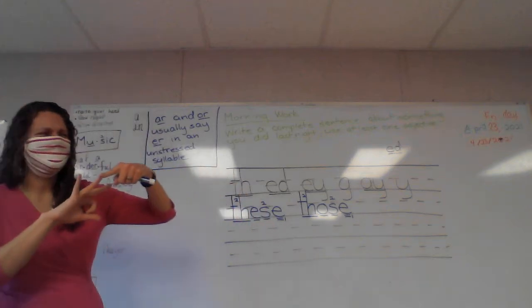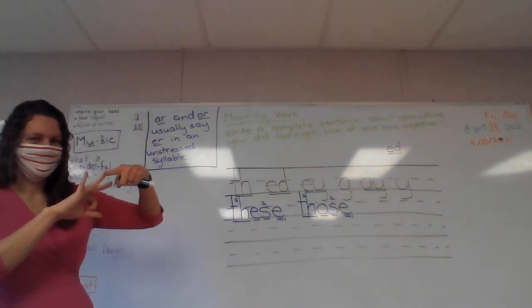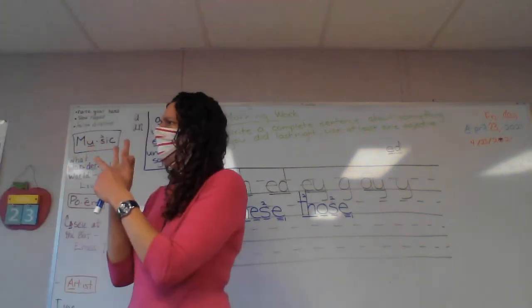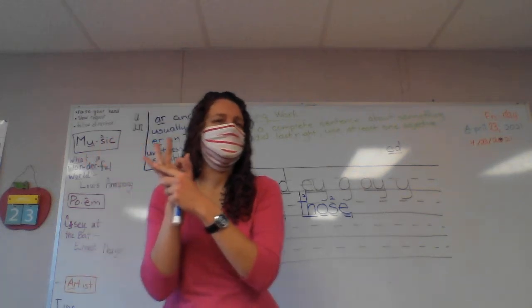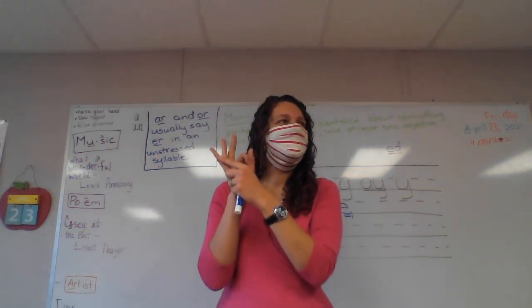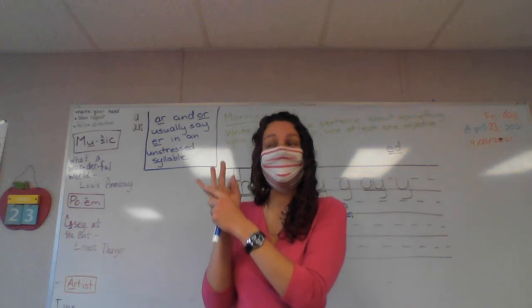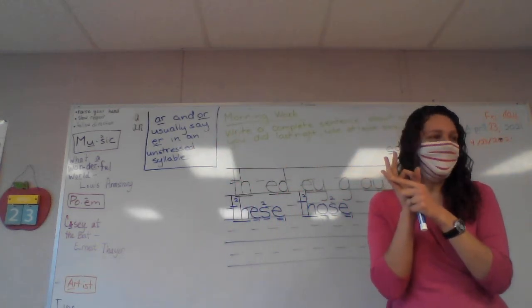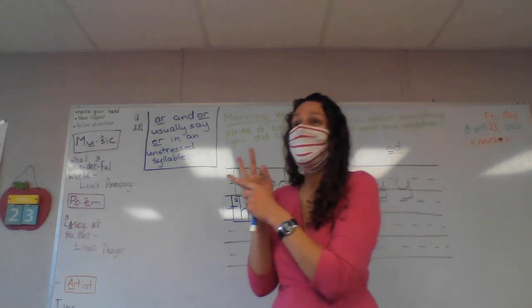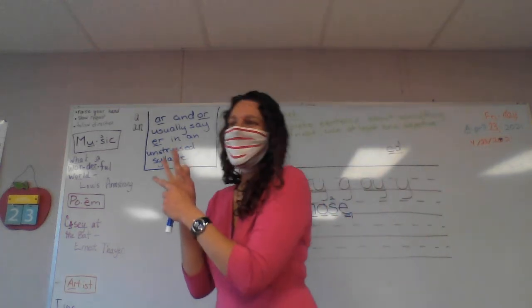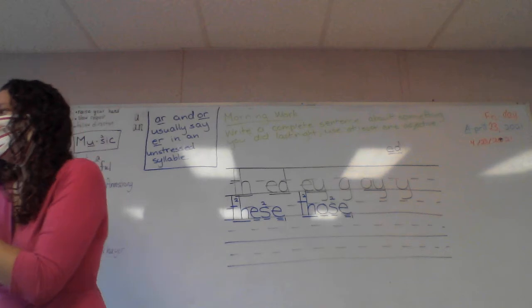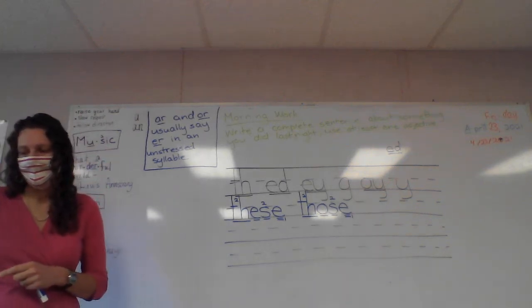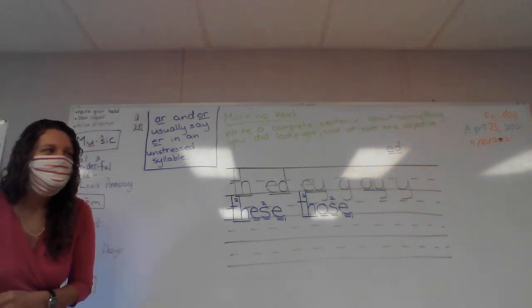Class, which i do we use in gym? I-e. And can you tell me what's letting our g, j say j? I-e. All right, can we say the whole rule? G followed by e, i, or y may say j. All right. Write the sounds in gym. Say them while you write them.